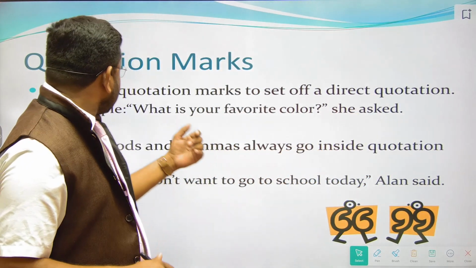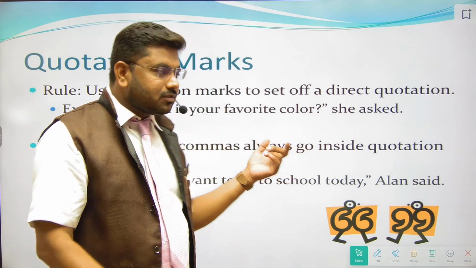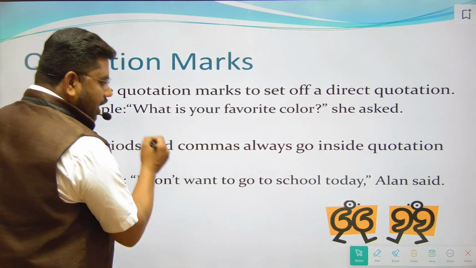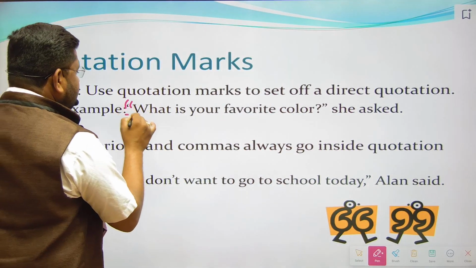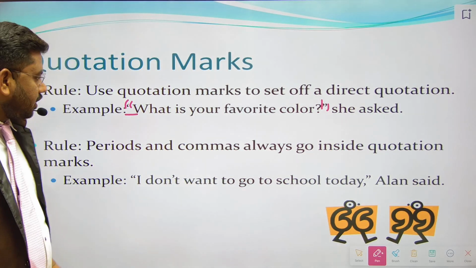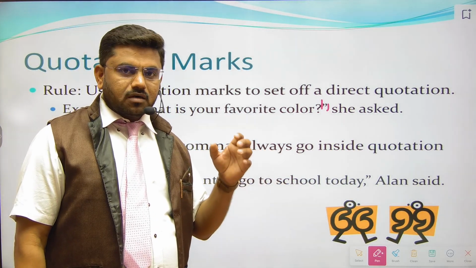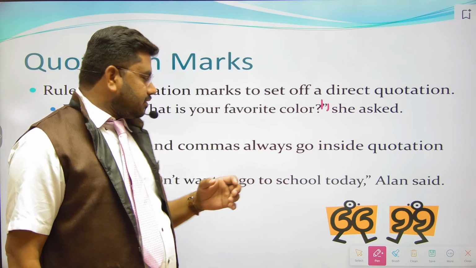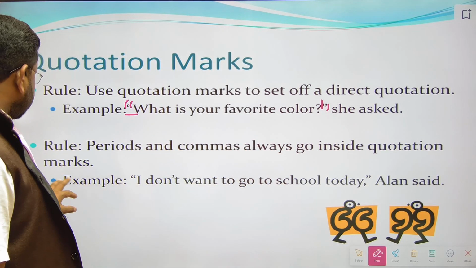What did she ask? What is your favorite color? In this way, she has spoken this sentence. That's why the quotation marks are given here. In this manner, we can put the quotation marks as the speaker told that sentence. Periods and commas always go inside the quotation mark.